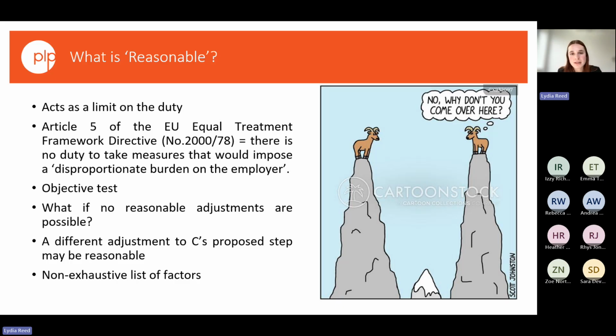So whilst it falls to the end really of a reasonable adjustments claim in the statute, it is really one to put significant emphasis on.